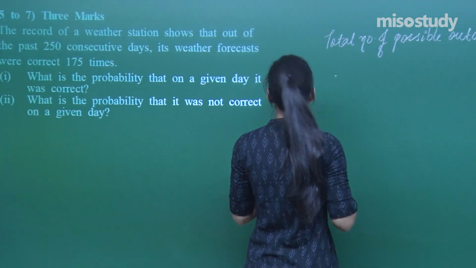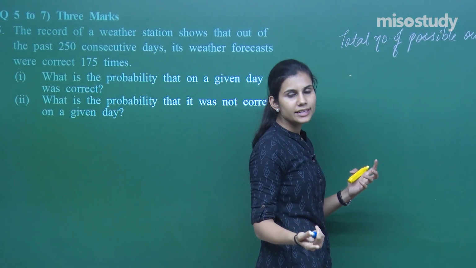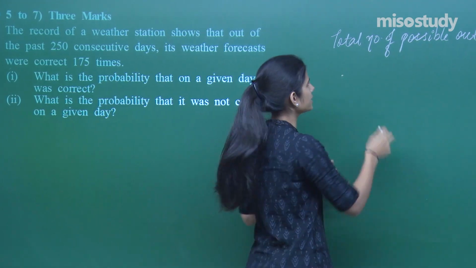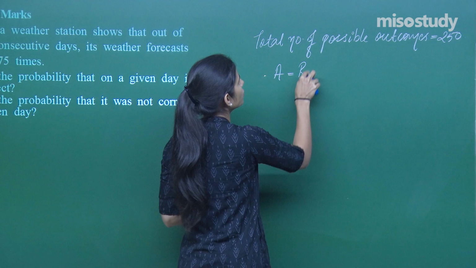Out of 250 possible outcomes, on 175 days it was correct. That means 175 reports about weather forecasts were correct. So A is that the report is correct.